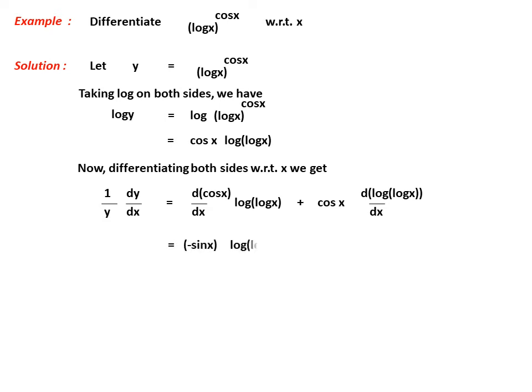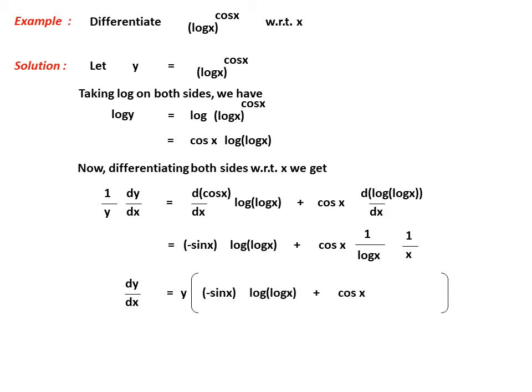Now differentiation of cos x is minus sin x into log log x plus cos x into, see here a chain rule you have to use, 1 by log x, once again differentiate log x, 1 by x. So therefore dy by dx, you have to multiply by y, so minus sin x log log x plus cos x into 1 by log x into 1 by x. So now you have to write what is y.